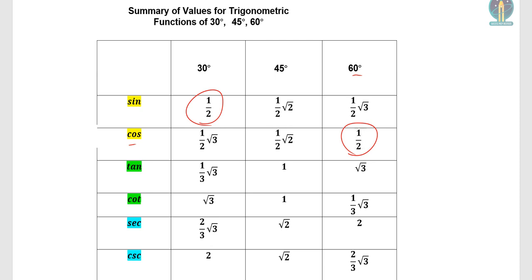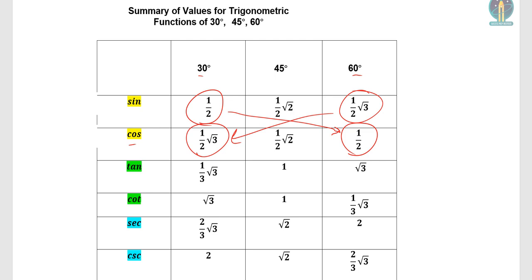The sine of 60 degrees is 1/2 square root of 3. The cosine of 30 degrees is 1/2 square root of 3. So again, complementary angles have the same values of the trig function and its cofunction.